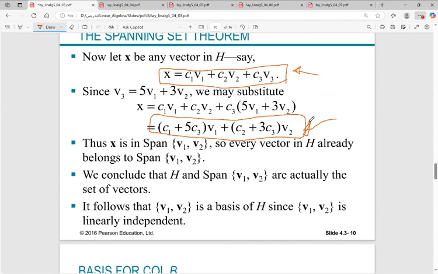So Span of V1, V2 equals Span of V1, V2, V3, because any vector in Span of V1, V2 is also in the Span of V1, V2, V3, and vice versa. Any vector which is in the Span of V1, V2, V3 is also in the Span of V1, V2, right?